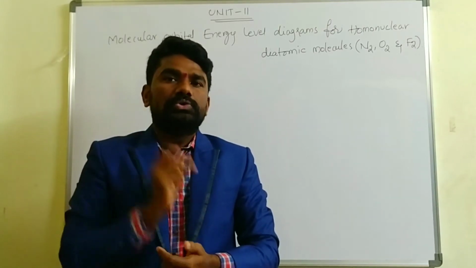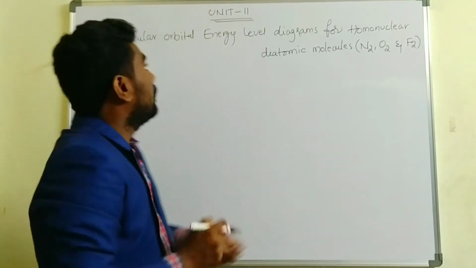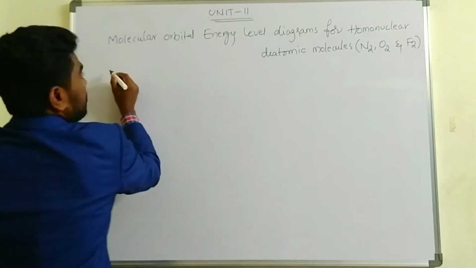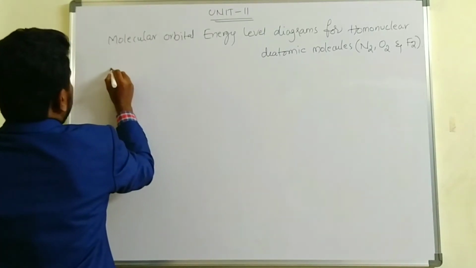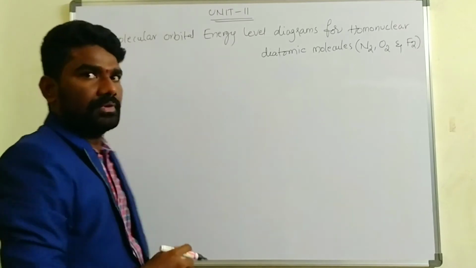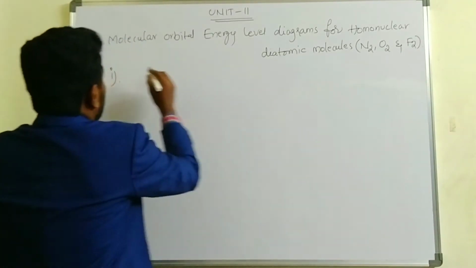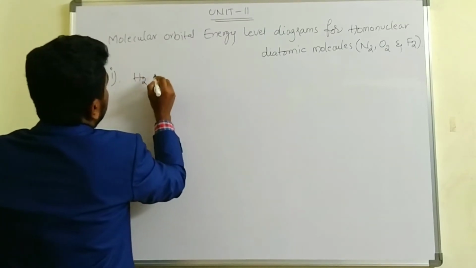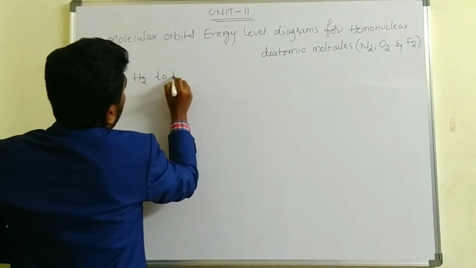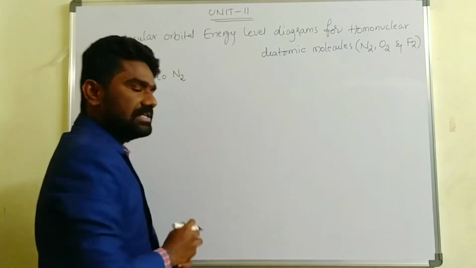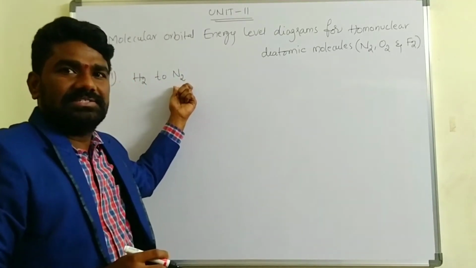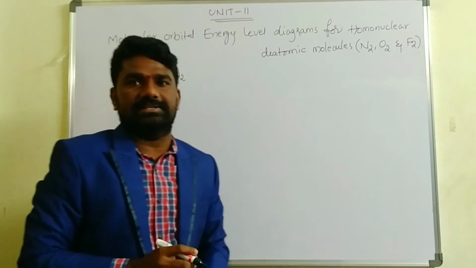In the first case, from hydrogen to N2, the maximum number of electrons in nitrogen is 14.